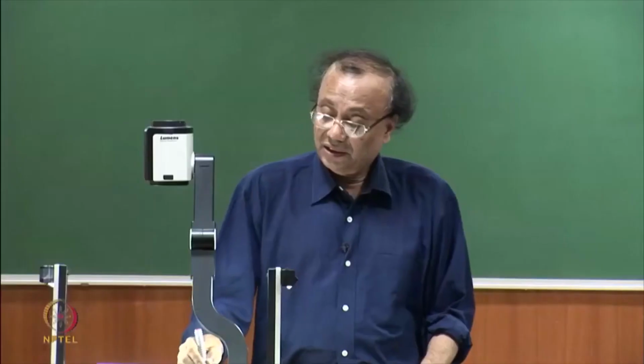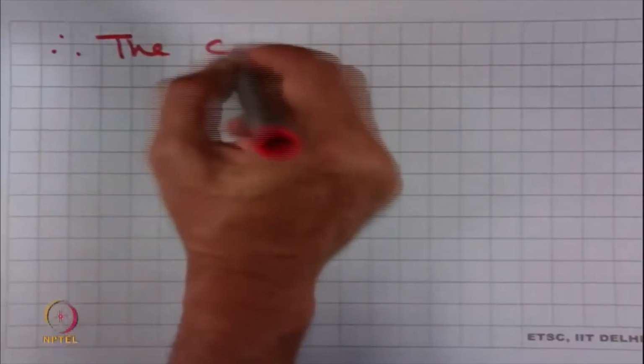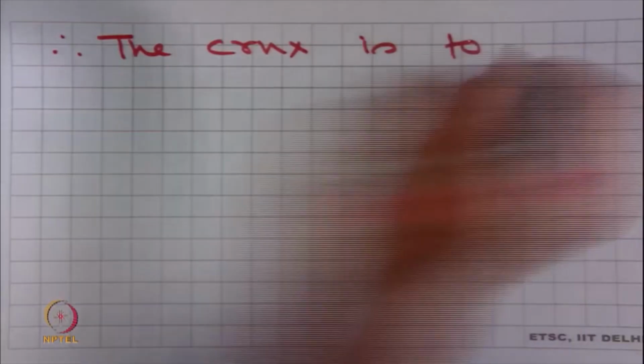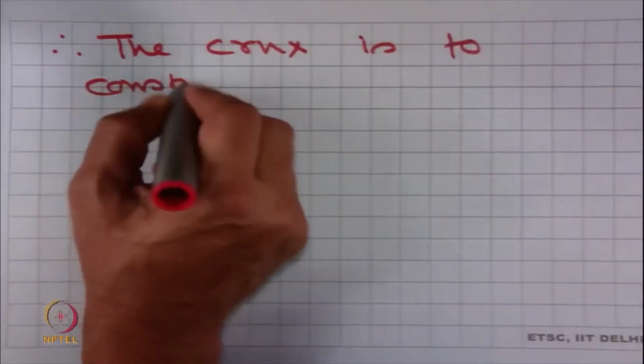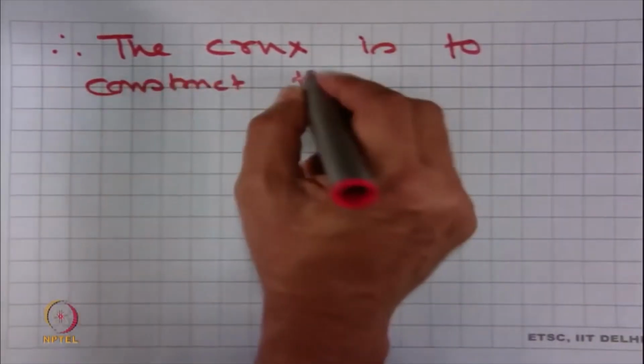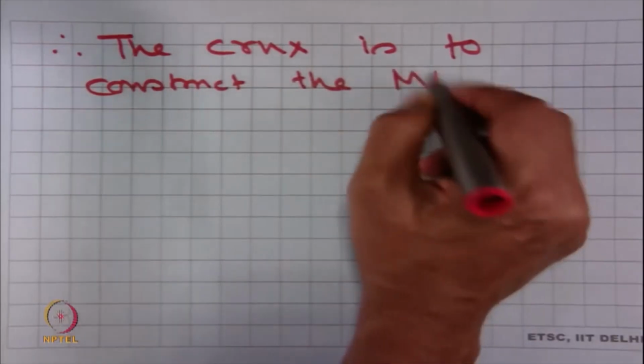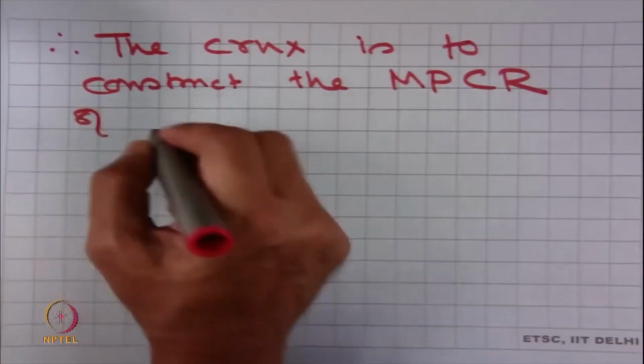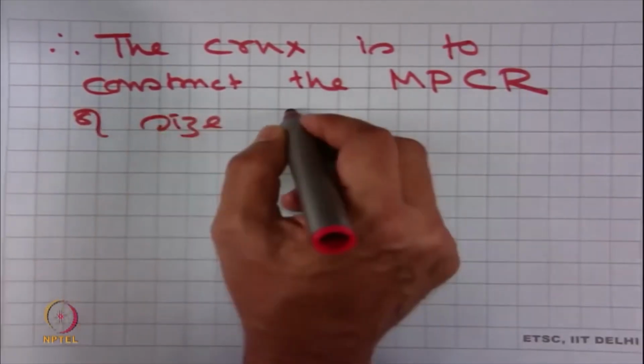Therefore, the crux is to construct the most powerful critical region of size alpha.